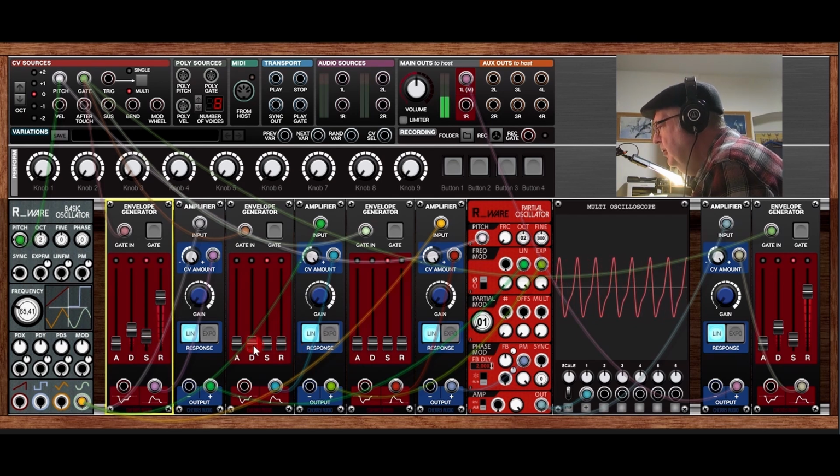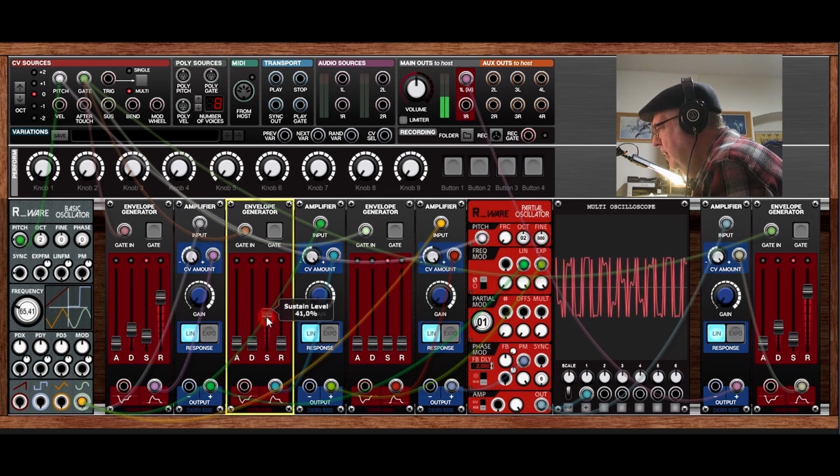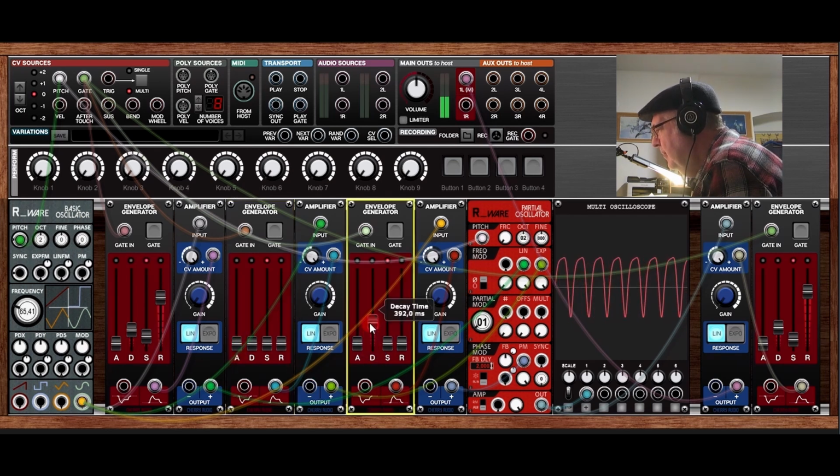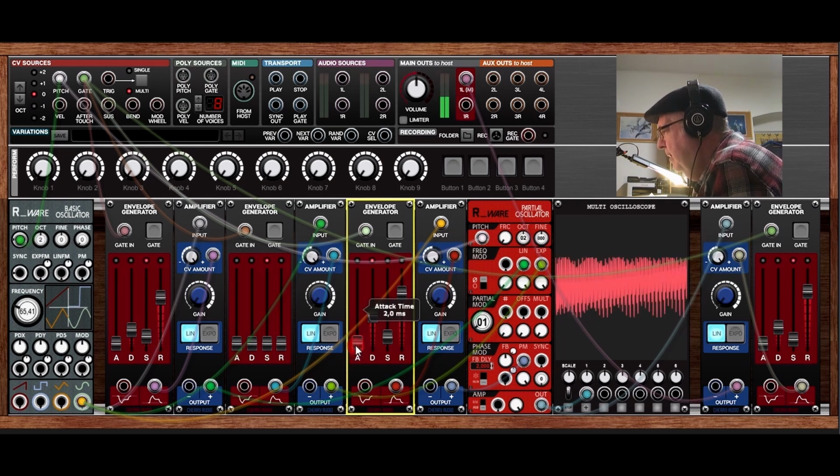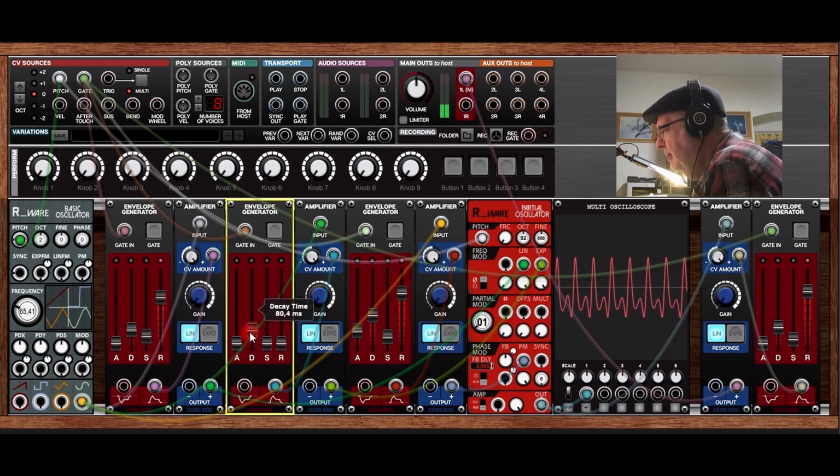And a little bit of exponential. But perhaps with attack and phase modulation. And what about a bit attack on the phase modulation? And a percussive exponential.